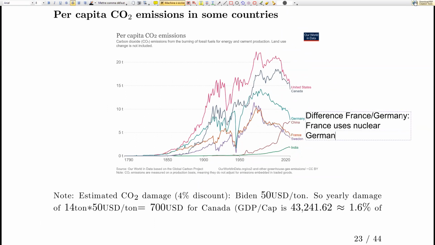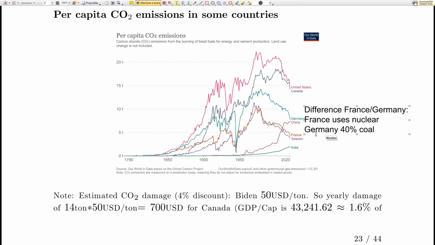Germany, 40% coal. So again, coal is the main culprit there. It's surprising for me that they do use that much coal. But yeah, that's the thing.